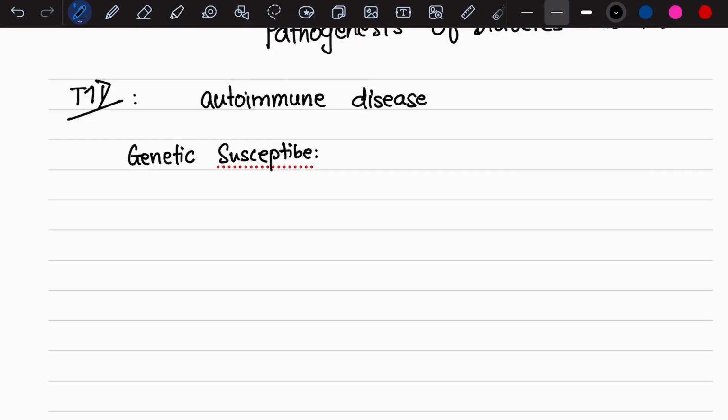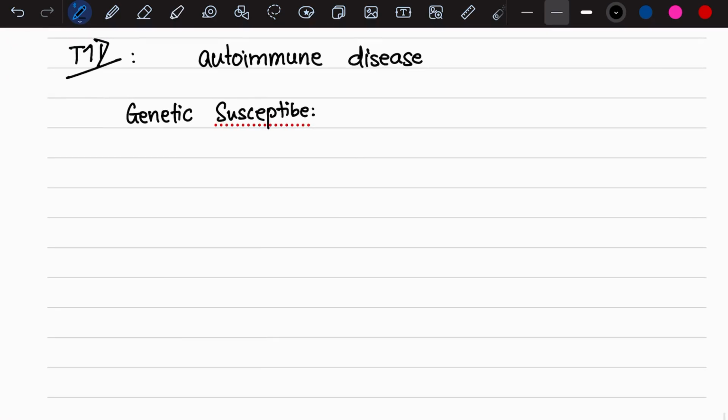those who have the HLA locus DQ3, DR3 or DR4 have a high chance. What I'm talking about is the MHC gene.